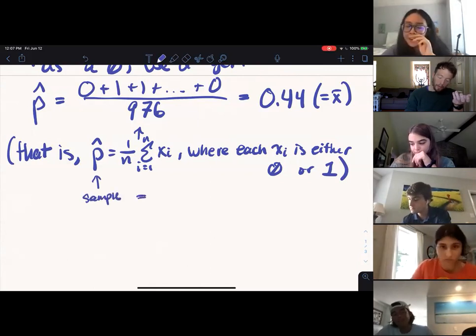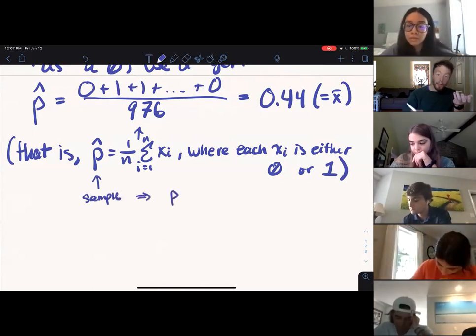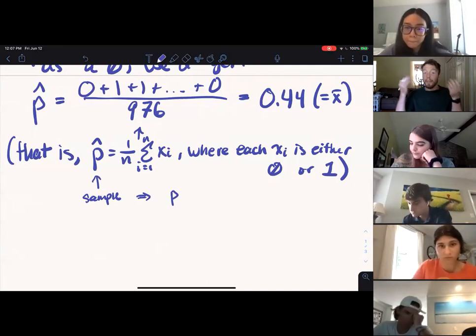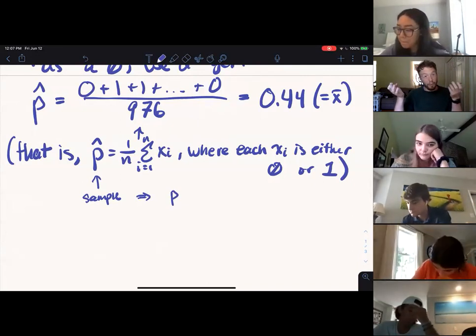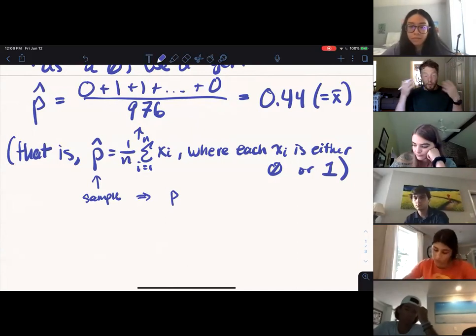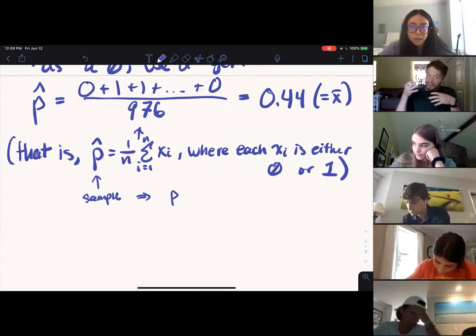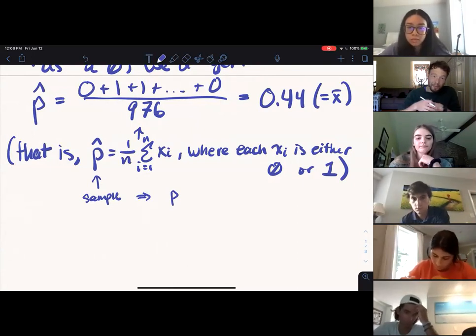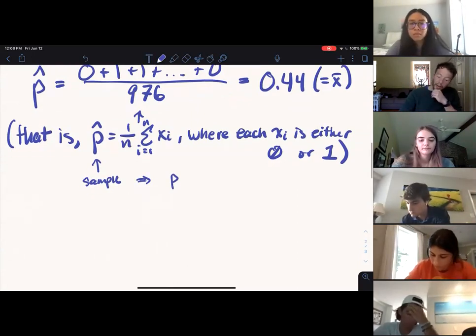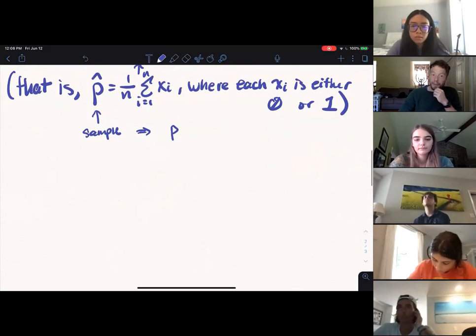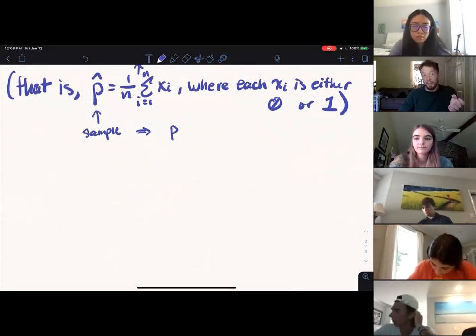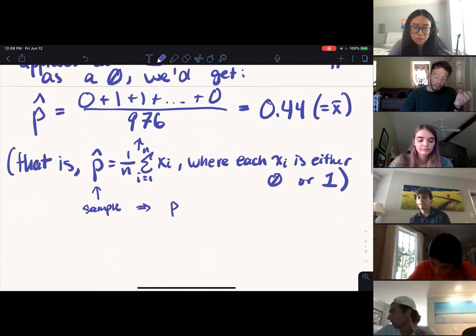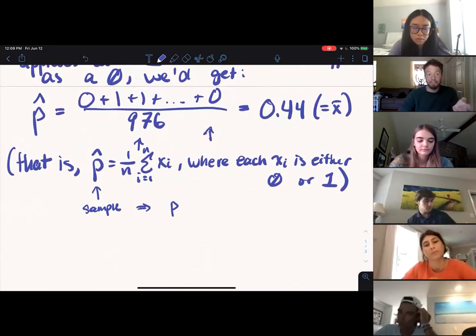And we're going to use it to say something about the population proportion, which is if I could ask every single person in the United States whether or not they approve or disapprove of the Supreme Court, what are the proportion of people that would say approve? It's not really feasible for us to ask every single person in the United States, so we're performing this inference thing. And the thing I'm trying to argue is that inference on a proportion is just like inference on a mean, because really you can view proportion as a mean, because it is.